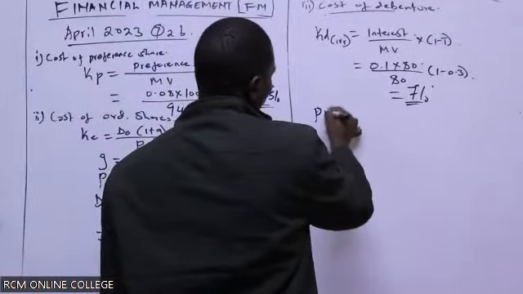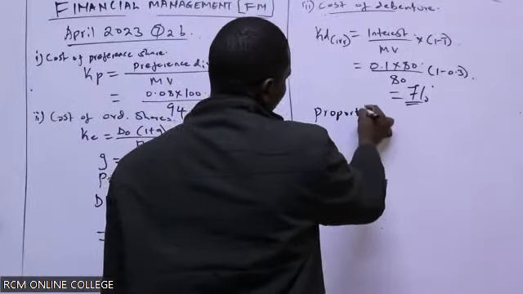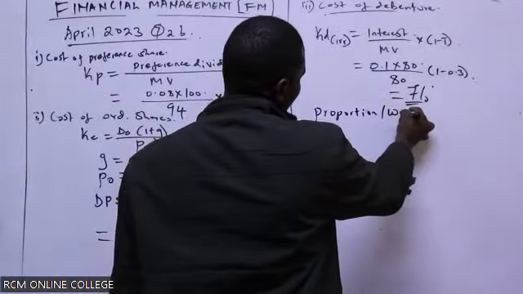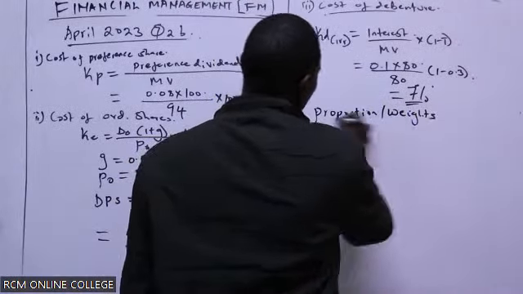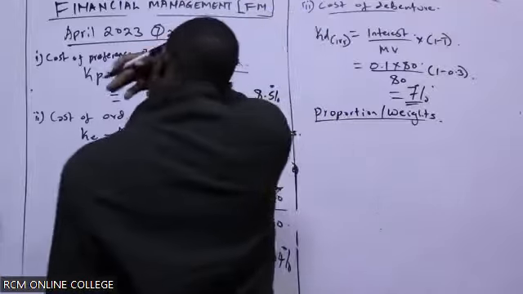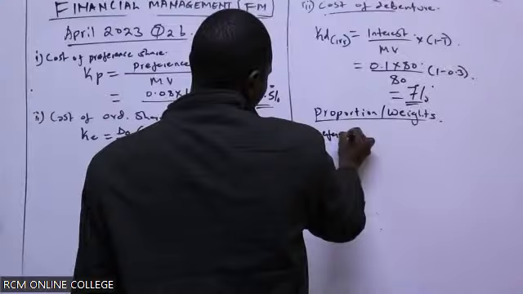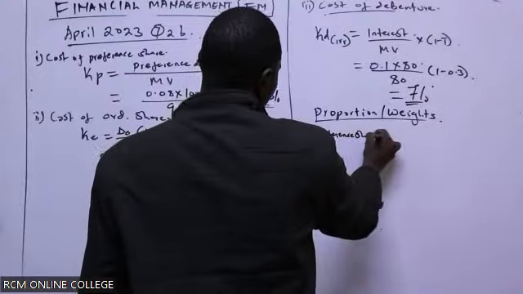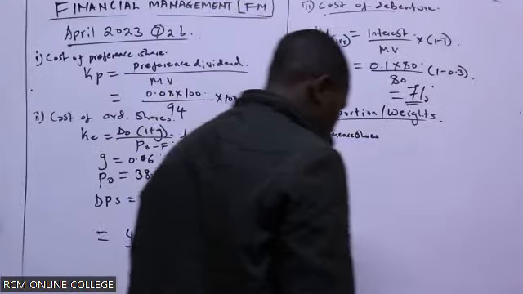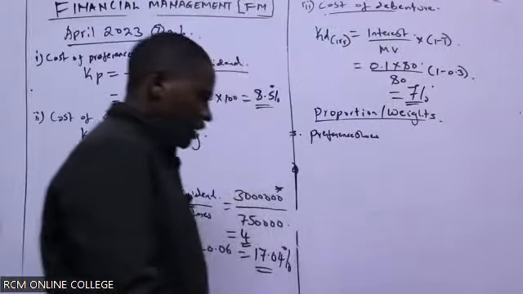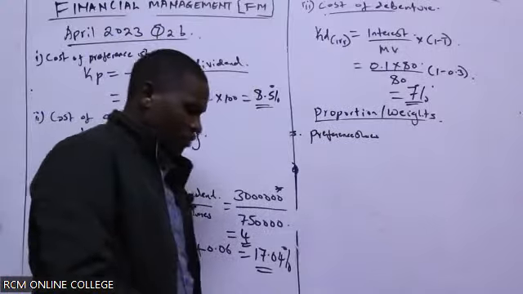So let's get the proportion or weights. Tunaweza anza tu na yenye tuko nayo hapa juu, cost of KP, preference share. Value ya preference share ni ngapi?